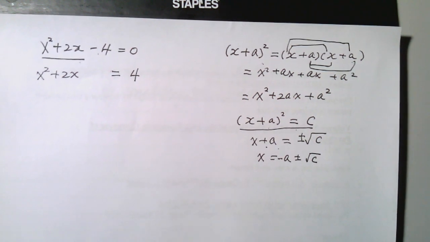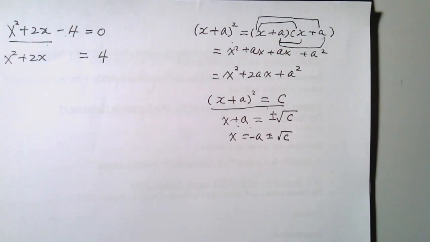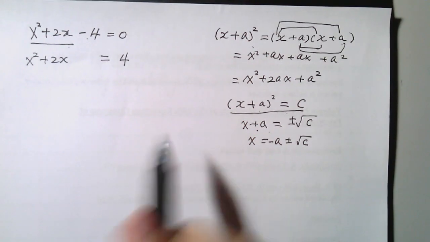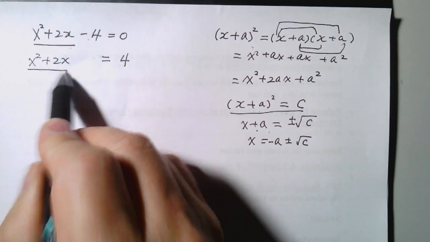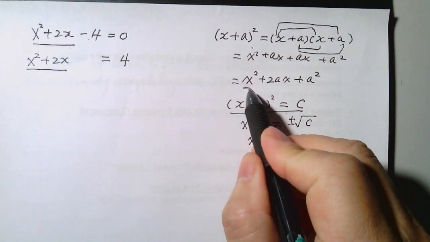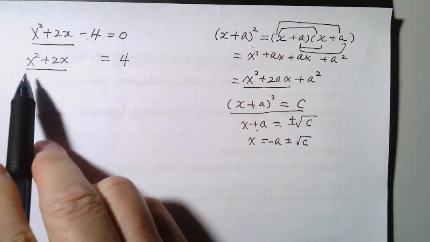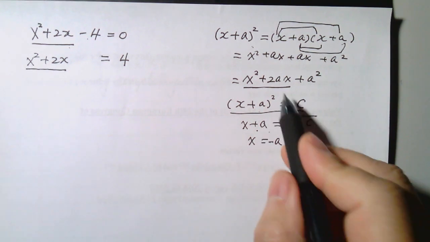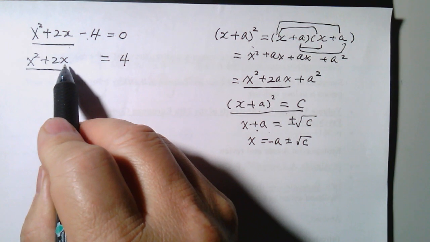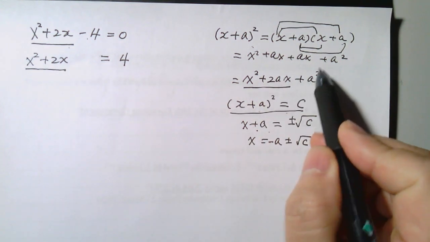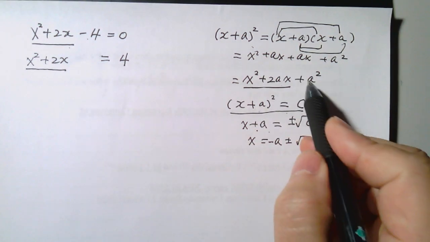Okay, so now what do we do here? Because I want to get a perfect square, I go ahead and compare this with what we have here. So x squared, 2ax, that's 2x. And in order to get a perfect square, you need to add a squared.